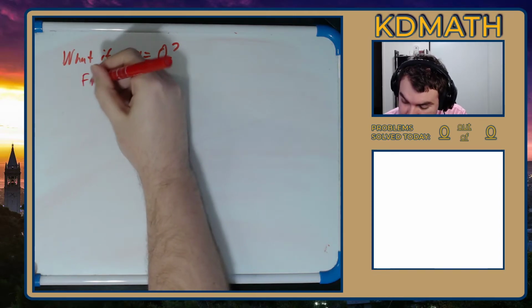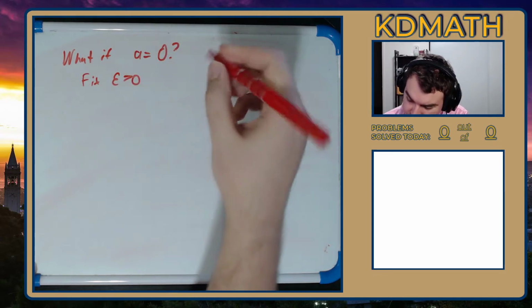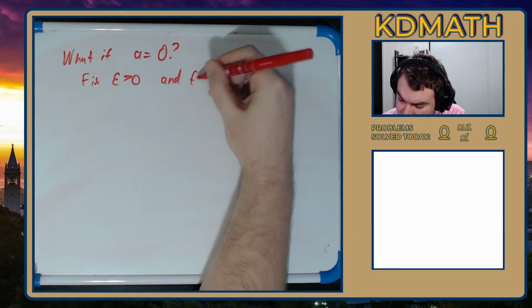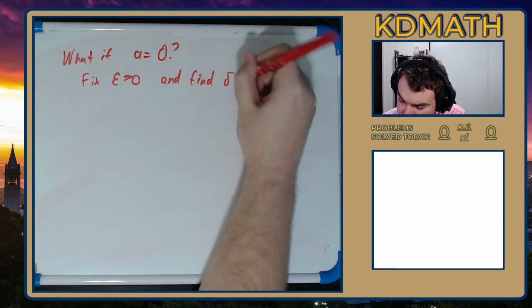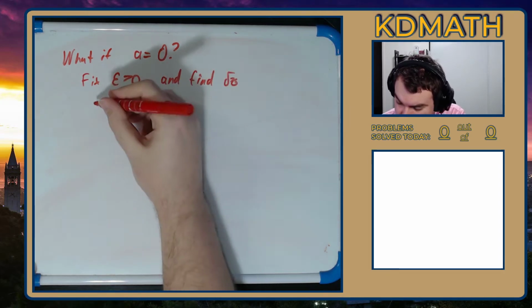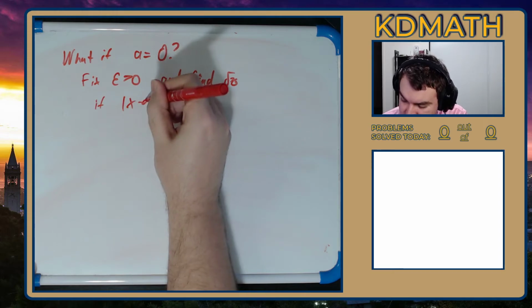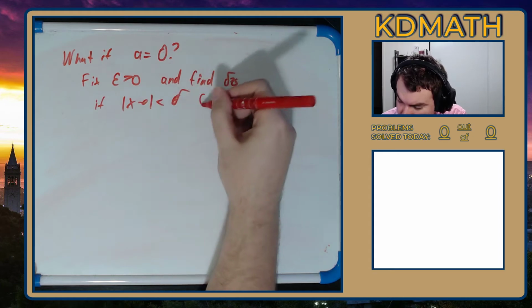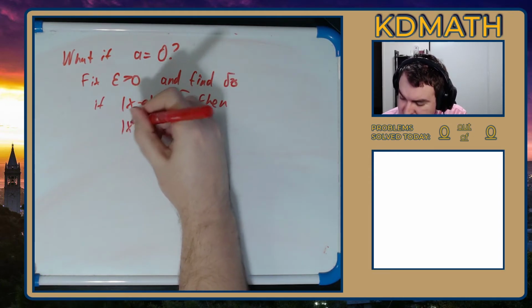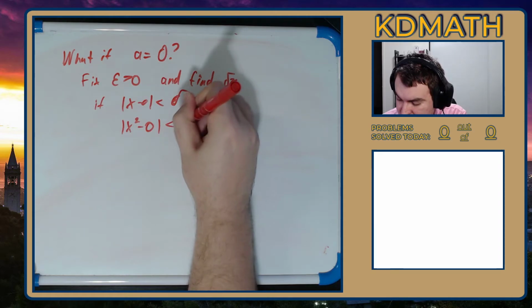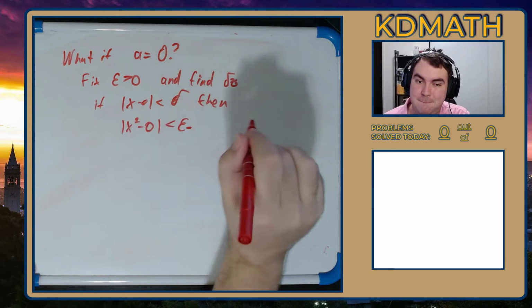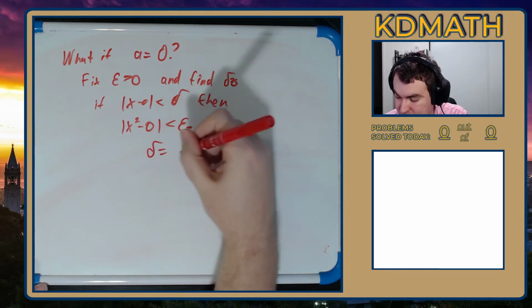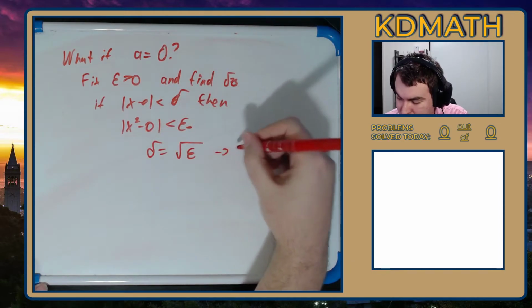Fix epsilon greater than 0 and find delta greater than 0 such that if |x minus 0| is less than delta, then |x squared minus 0| is less than epsilon. Very obviously, we can just take delta equals the square root of epsilon, and be done.